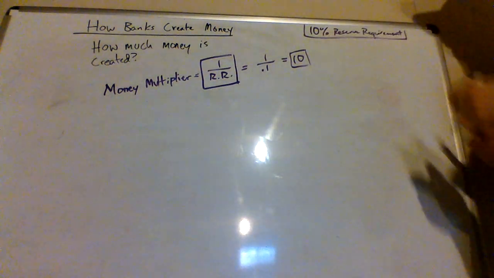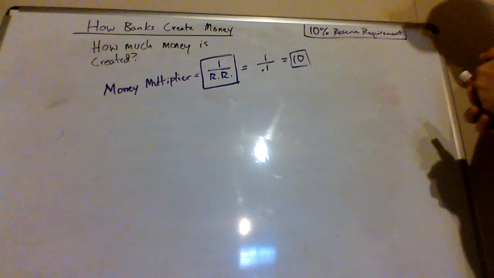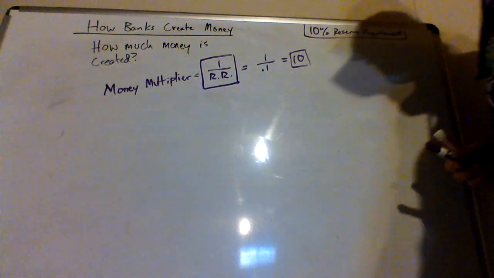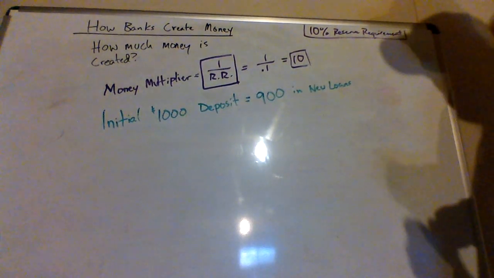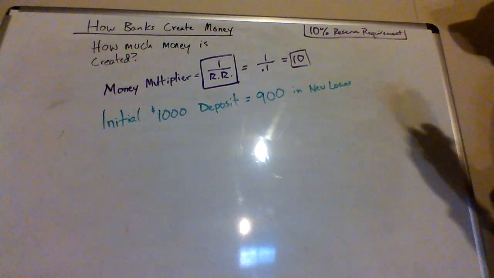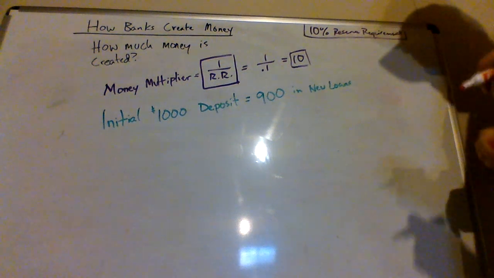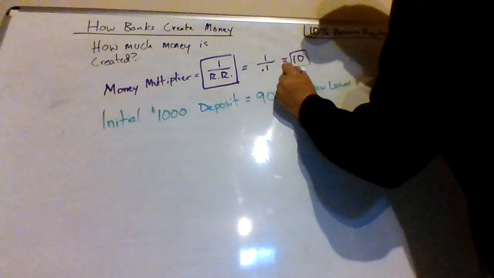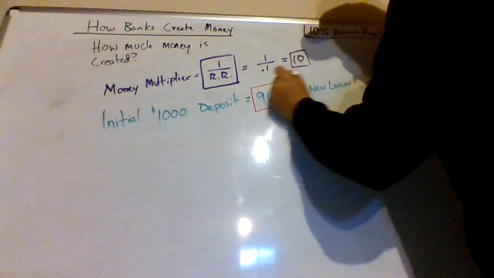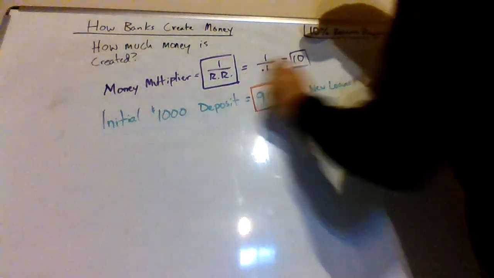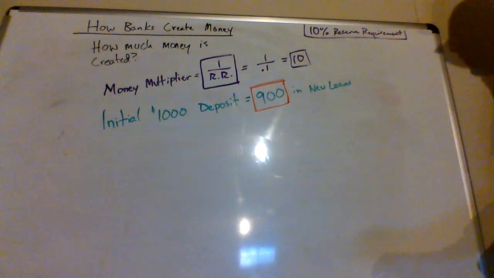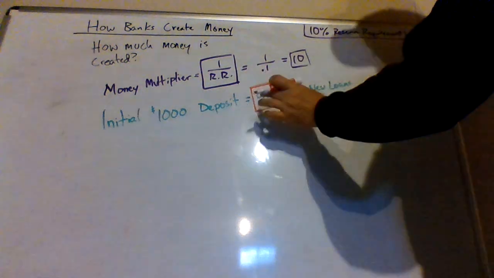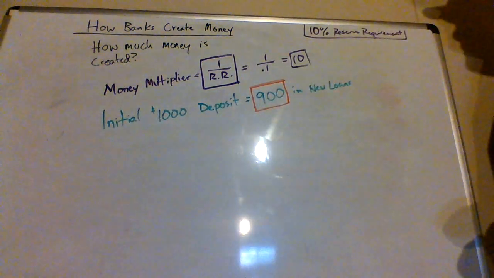Okay, so we have our initial $1,000 deposit, and I'll show you how we can figure that out. What we've got to know is we only have the ability to loan out this $900. This is the one extra step that we've got to do. So we've only created a potential of $900.